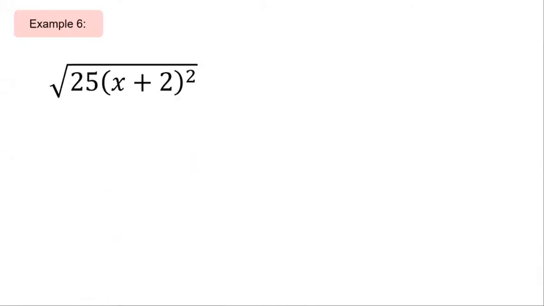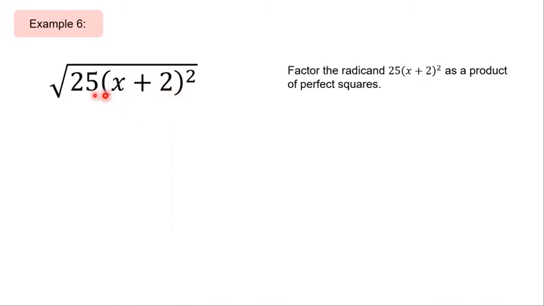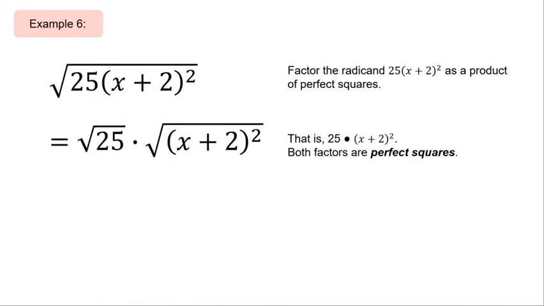Example 6, the square root of 25 times the square of x plus 2. So first, we need to factor the radicand as a product of perfect squares. That is 25 times the square of x plus 2. So, kung mapapansin nyo, both factors are perfect squares.